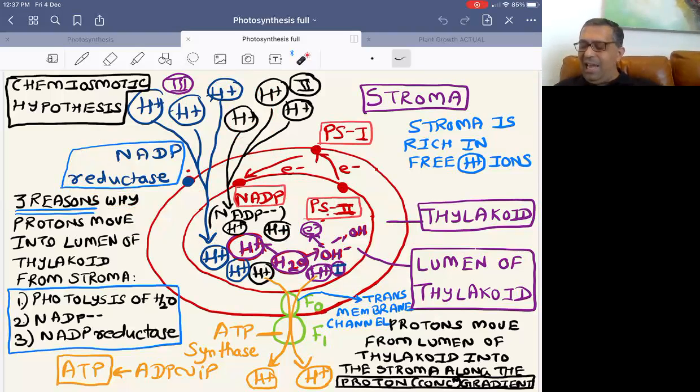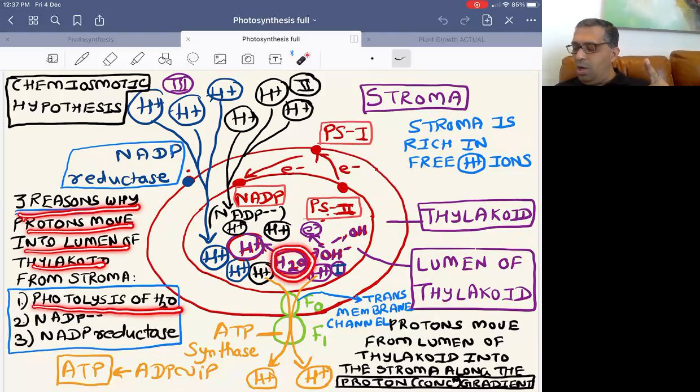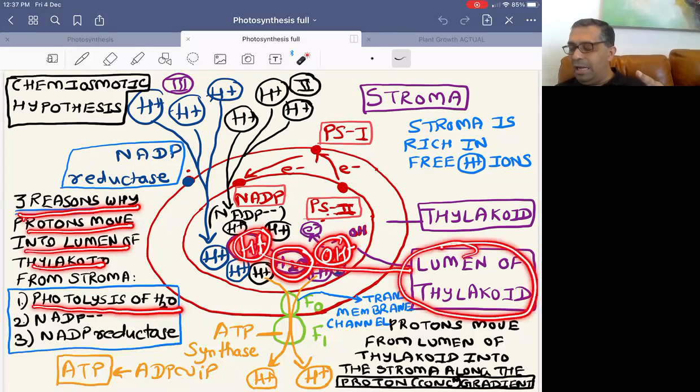There are 3 reasons why protons move into the lumen of the thylakoid. Which was the first reason? Photolysis of water. H2O split हुआ to form H plus and OH minus, तो उससे H plus accumulate in the lumen of the thylakoid.